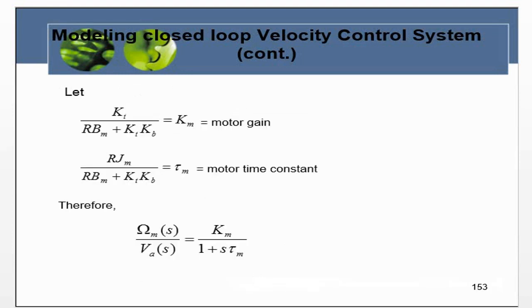If we assume that Kt per (R Bm + KtKb) is equal to Km, the motor gain, and R Jm per (R Bm + KtKb) is equal to τm, the motor time constant, then the transfer function becomes simple: ωms per Va(s) is equal to Km per (1 + Sτm).